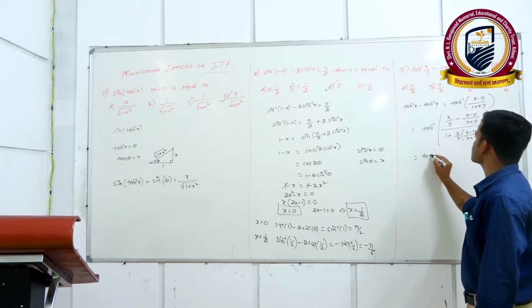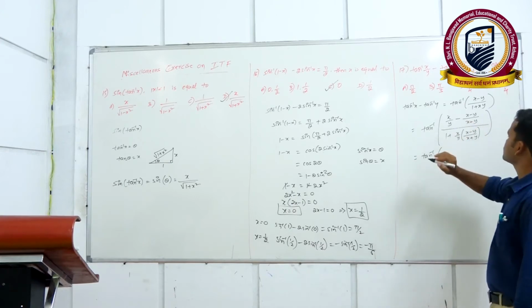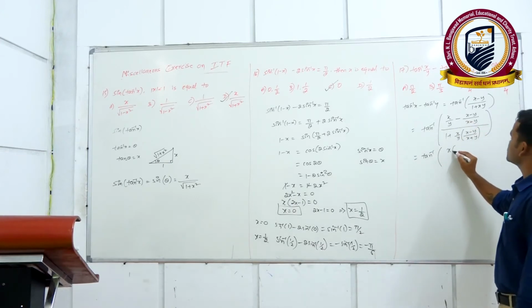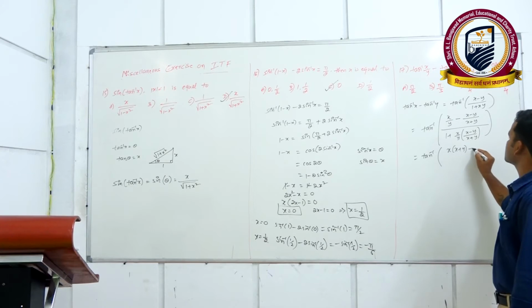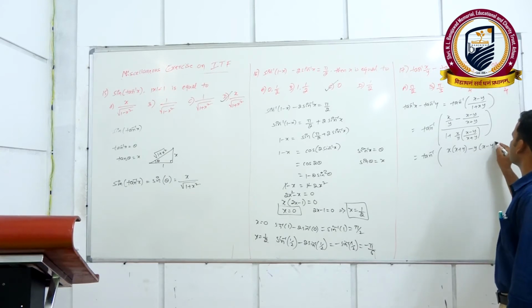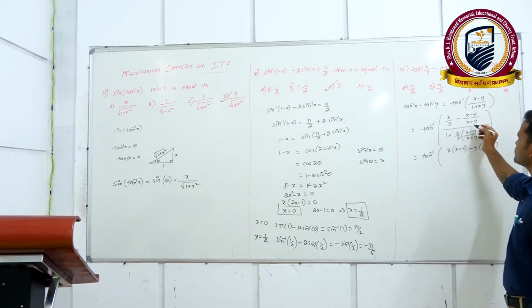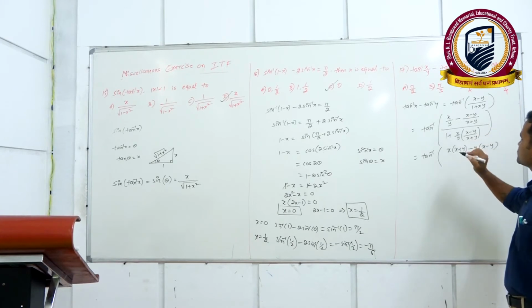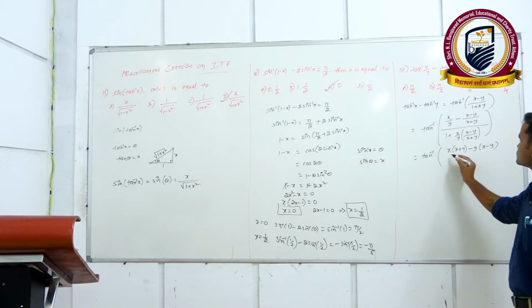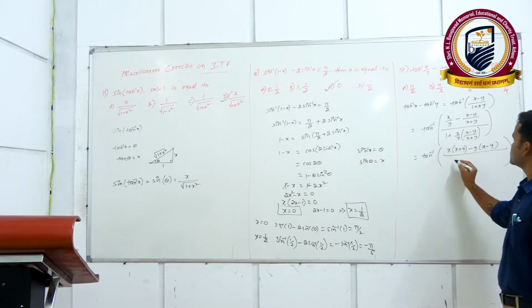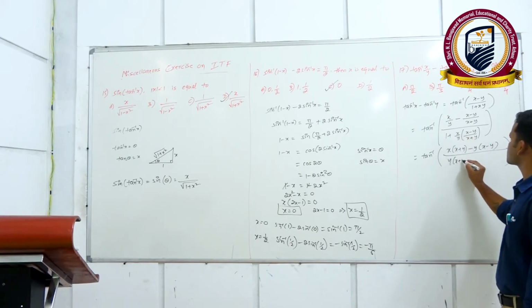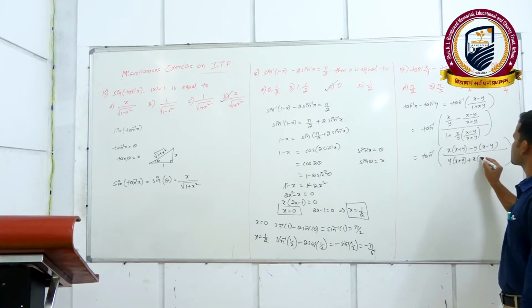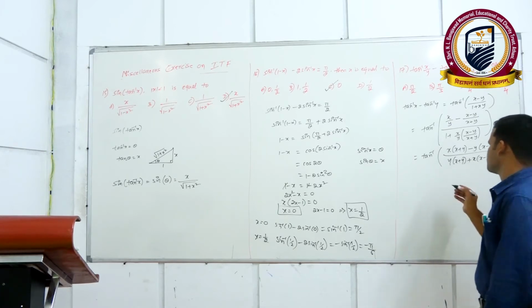Now you cross multiply: x into (x plus y) minus y into (x minus y), divided by y into (x plus y). Here also divided by x into y into (x plus y) will be there, that cancels, and this will be y into (x plus y) plus x into (x minus y).